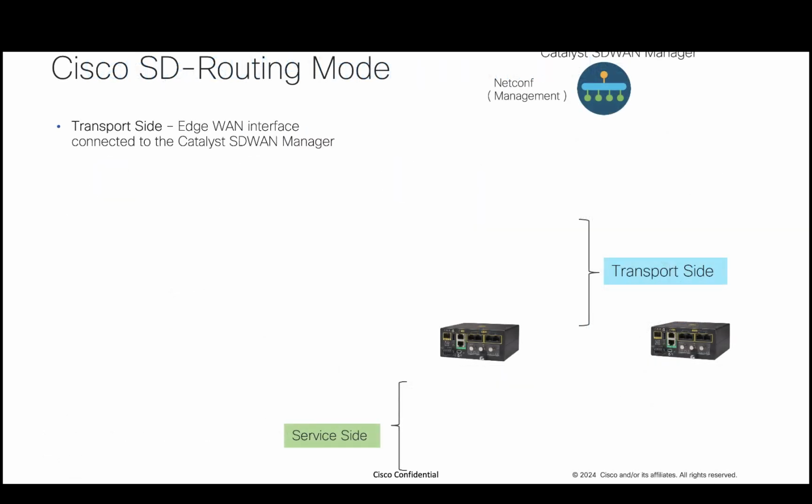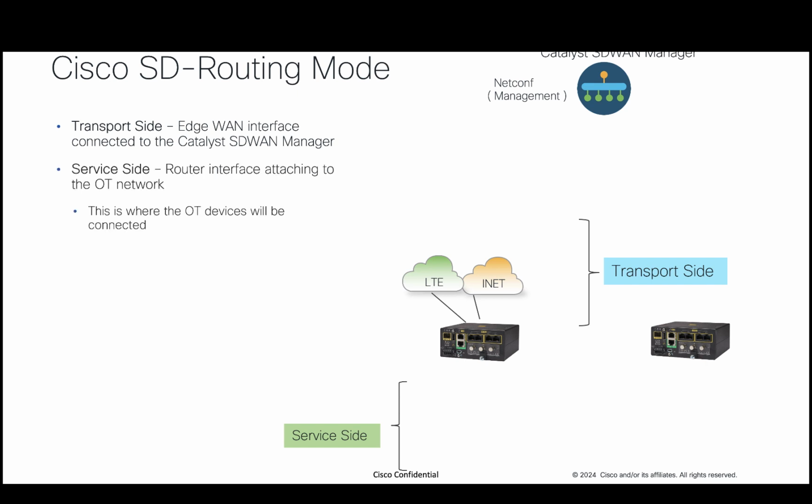And we have the transport side for communication over the WAN to the SD-WAN manager and the network. We have the service side where you will attach your IoT sensors and devices and controllers that need to communicate over the network either to the SD-WAN manager or to the data center located at the hub.